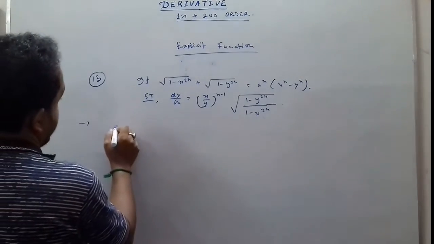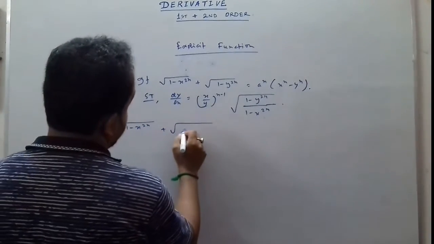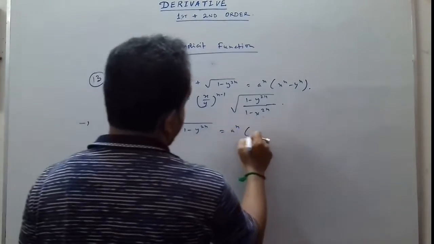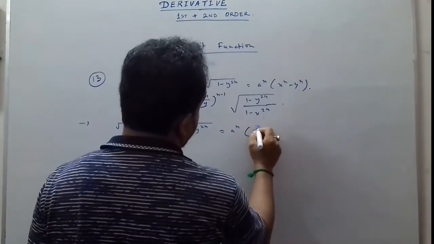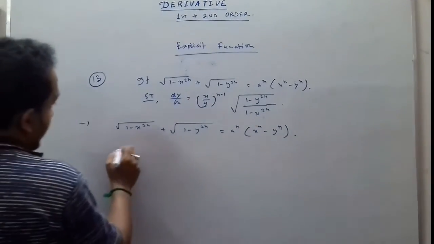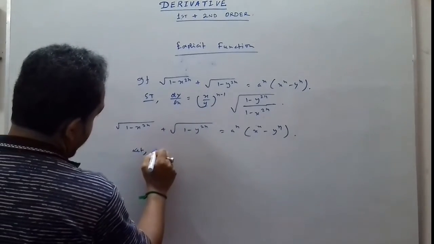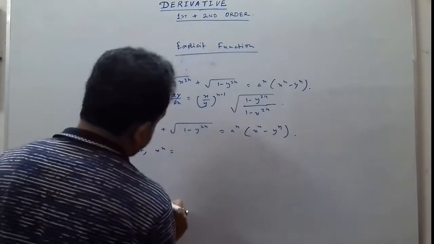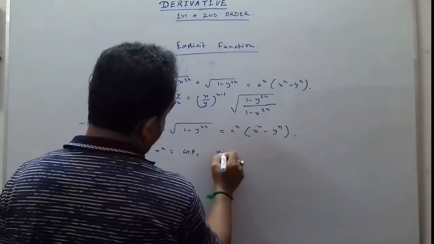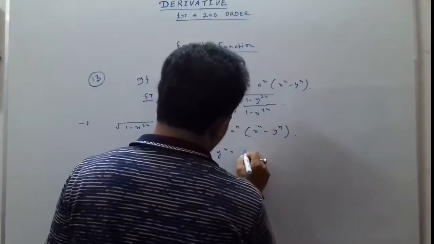Now root under 1 minus x power 2n plus root under 1 minus y power 2n is equal to a power n into x power n minus y power n. We choose x power n is equal to cos theta and y power n is equal to cos phi.